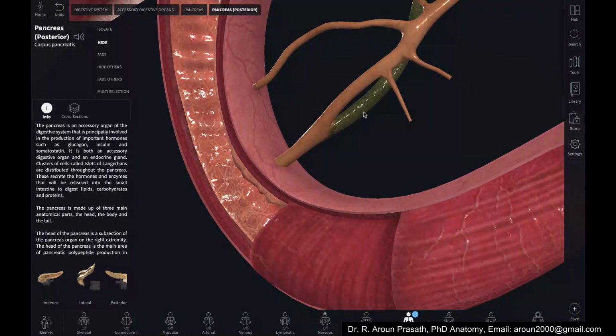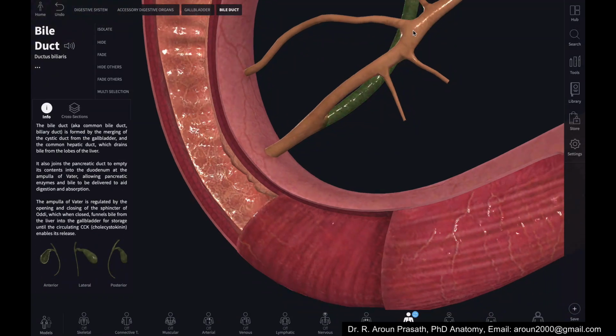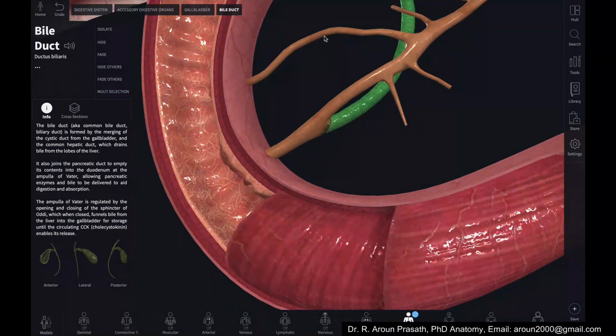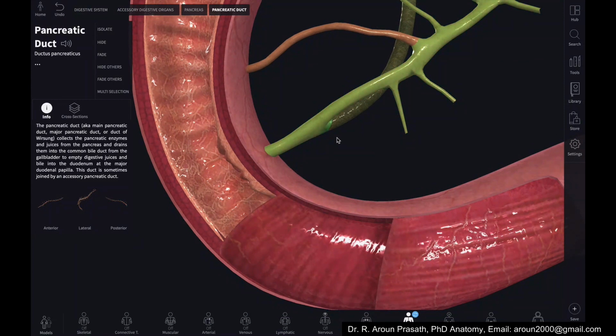You see, this is the bile duct. In the embryonic formation, it opens as a separate duct, but then it becomes redundant and fuses, and the bile duct and the pancreatic duct join here. We will see this anatomy further.